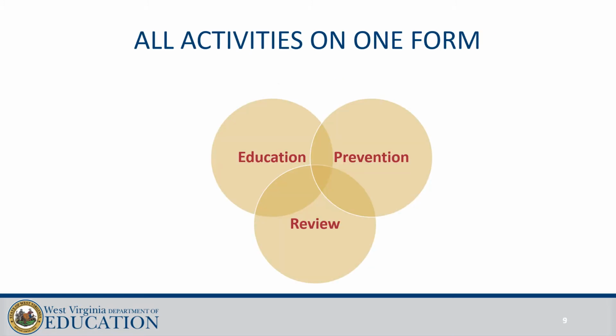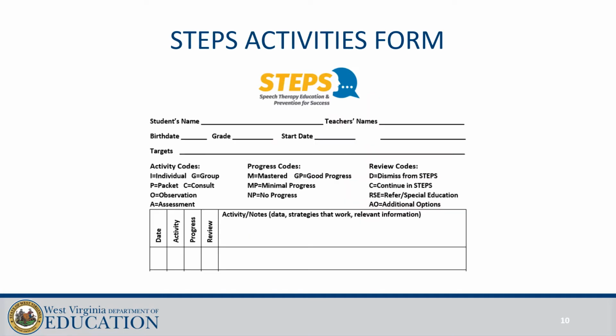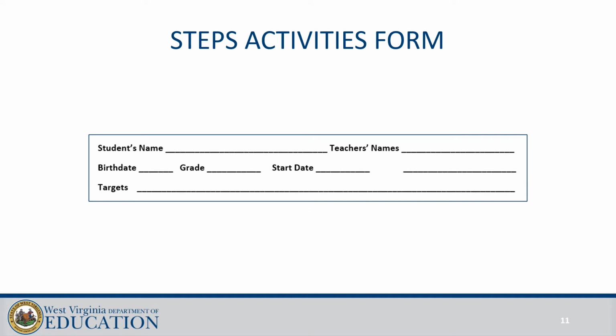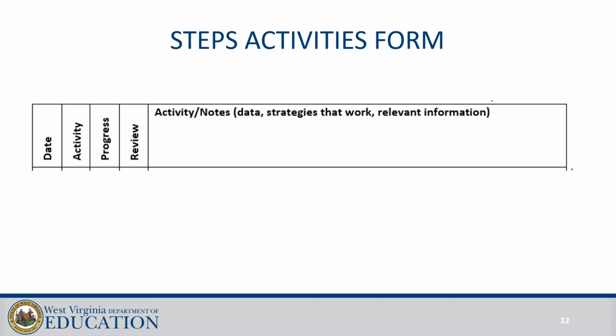The activities form includes all activities, the education, the prevention, and the periodic reviews. We have attempted to make this form as functional and all-inclusive as possible. The top section includes a place for you to provide the basic identifying information about the student. And then it provides different columns for the inclusion of relevant information.